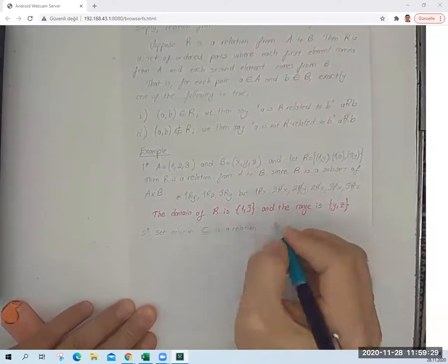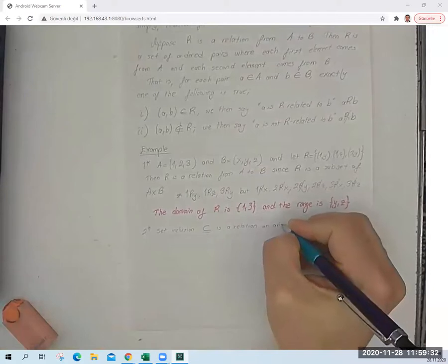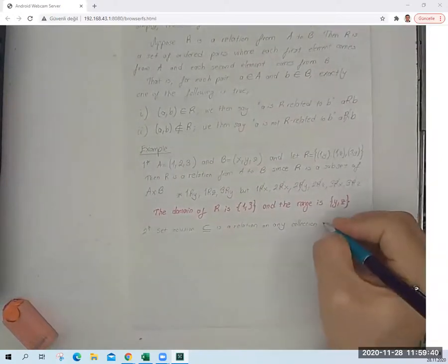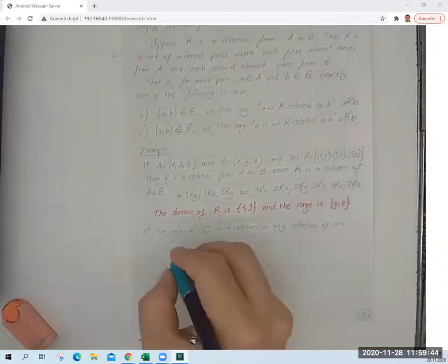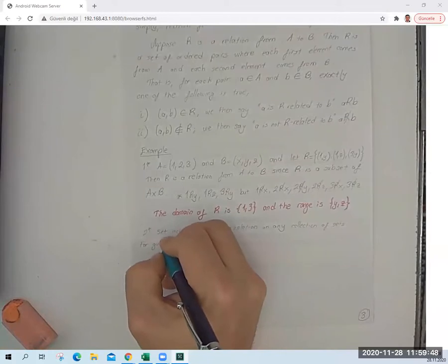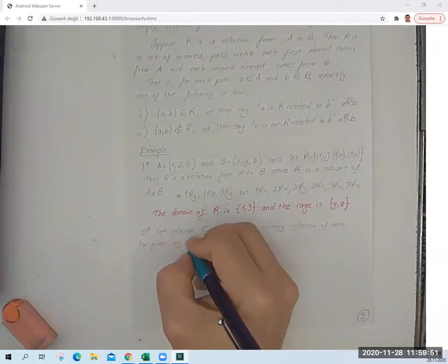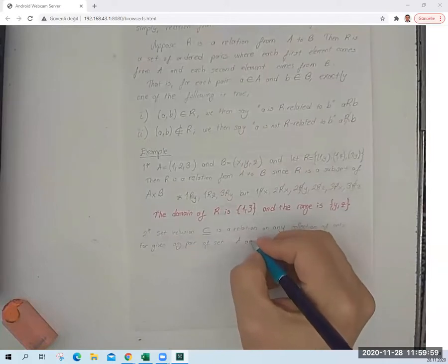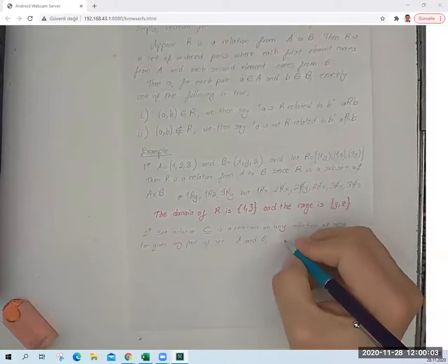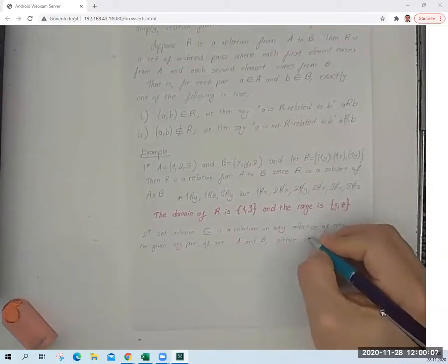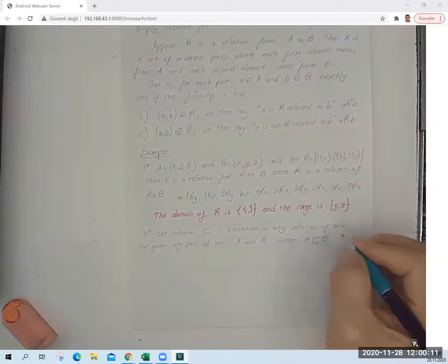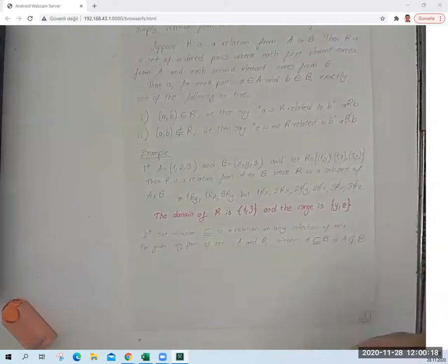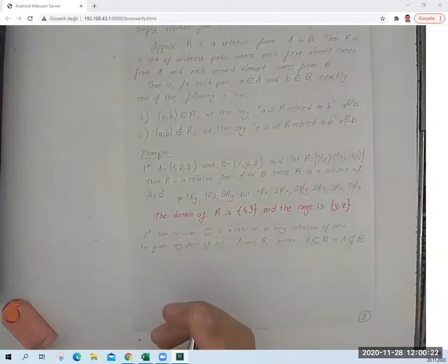We mentioned that on any collection of sets, for any given pair of sets A and B, either A is a subset of B or A is not a subset of B. Right?